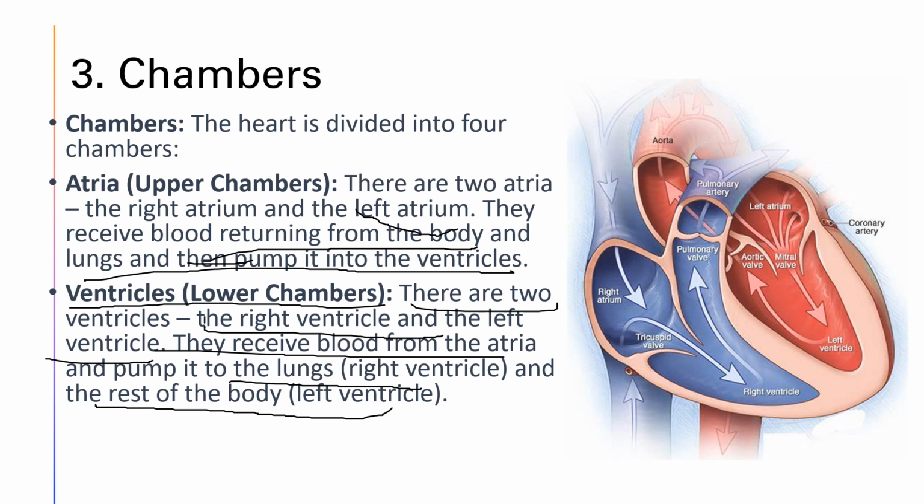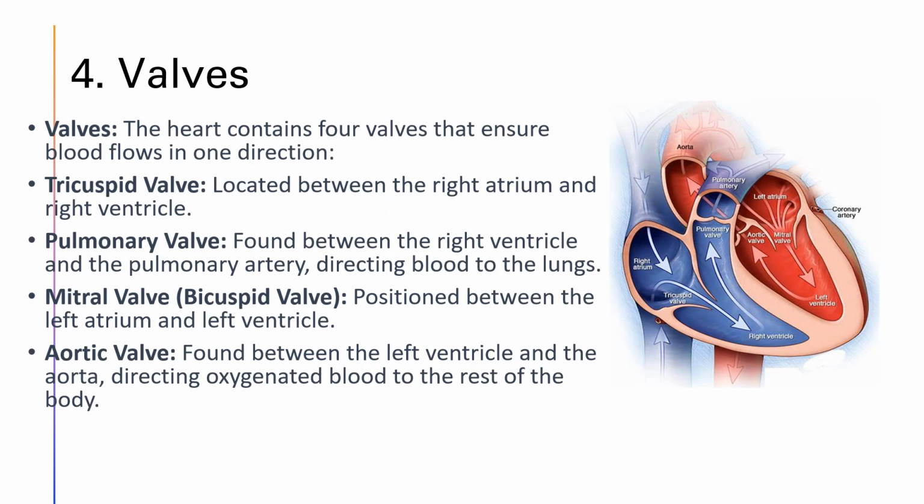The right ventricle pumps blood to the pulmonary artery, and the left ventricle pumps blood to the aorta. Now valves. So what are valves? Valves are basically mechanical structures which are required to stop the flow outwards, like whenever something goes inwards, it can't come outward.